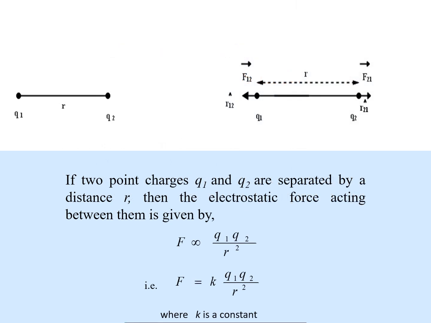If we consider two point charges q1 and q2 separated by a distance r, then according to Coulomb's law, the electrostatic force existing between them is proportional to q1 into q2 divided by r square. Therefore the electrostatic force F may be written as some constant k into q1 q2 by r square.